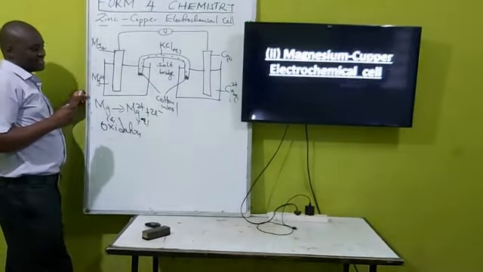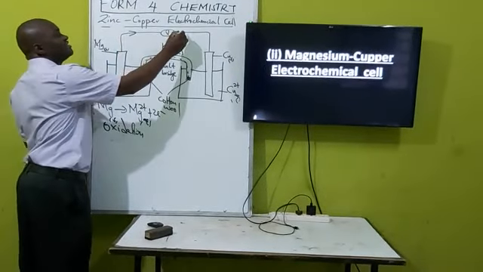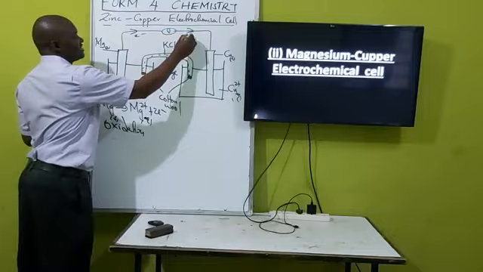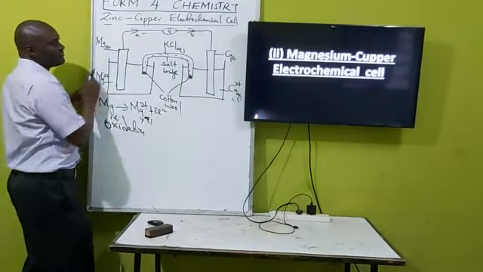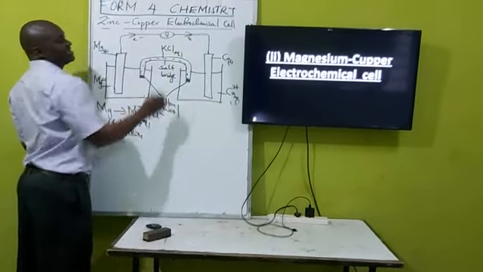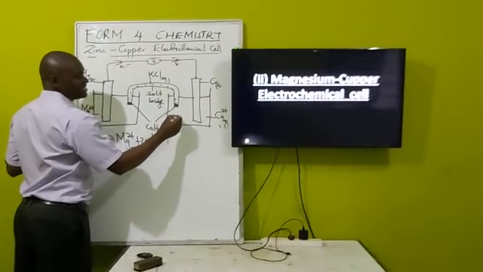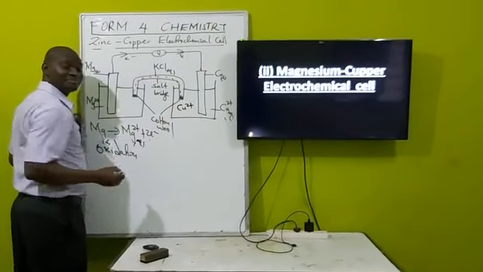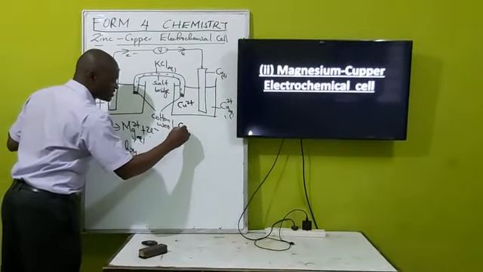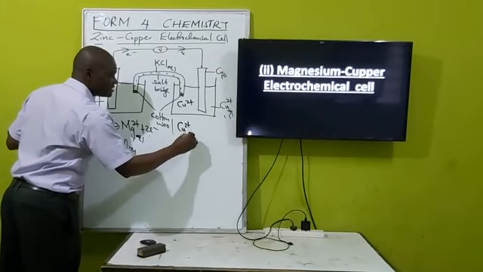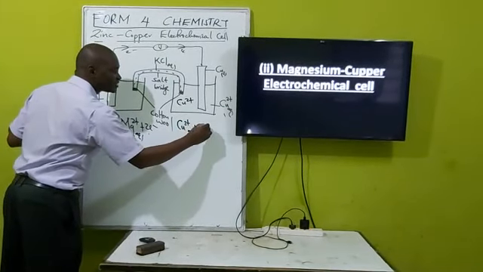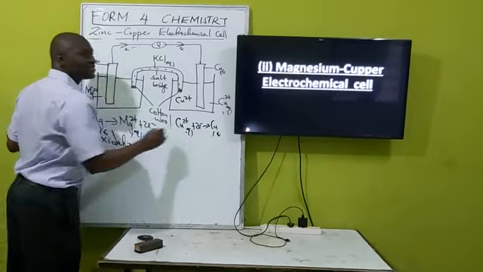Electrons will move that way. These electrons will flow through the conducting wire. When they reach here, we have copper 2+. So the copper 2+ ions will gain electrons to form copper solid.